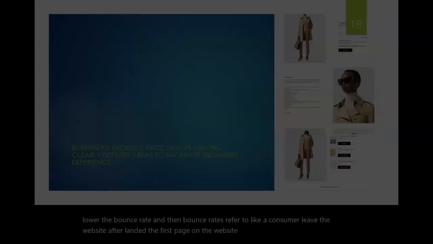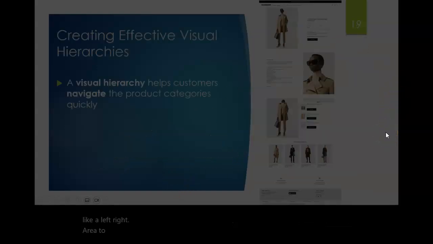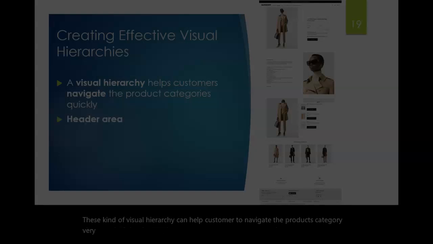Okay. Here is another example from Burberry. Burberry also use a clear page design, utilize like a left-right area to facilitate the browsing experience as well. And then these kind of visual hierarchy can help customer to navigate the products category very quickly.